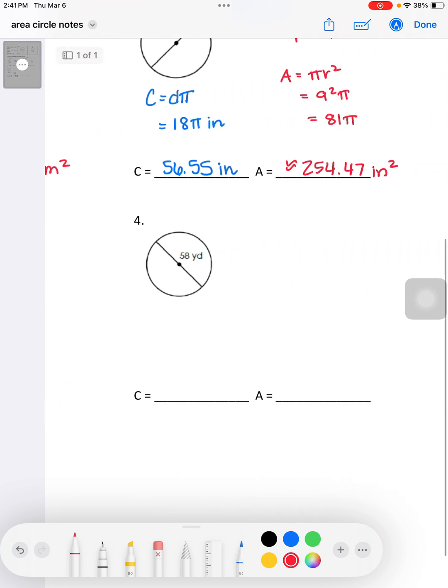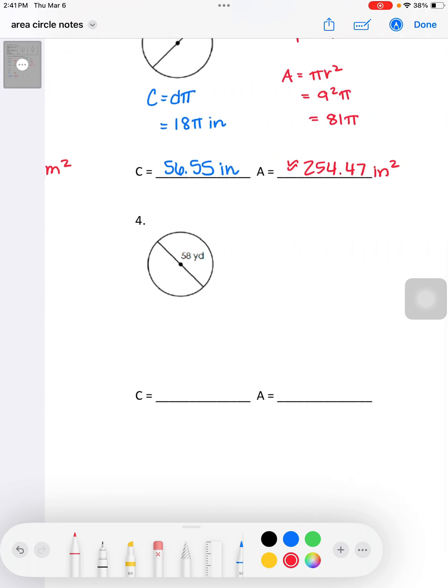Pause the video, try number 4, push play when you're ready to hear the answers. Number 4, circumference again is diameter times pi. In terms of pi, we're at 58 pi. Multiplying that out, you get 182.21 yards.